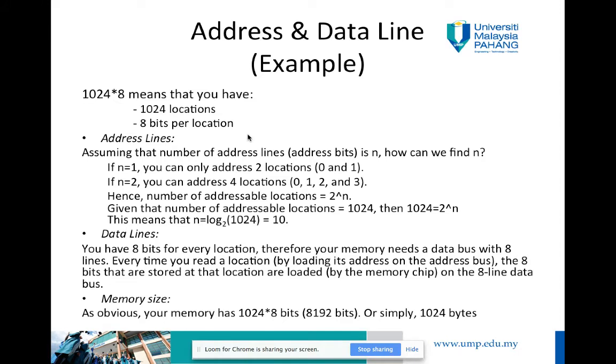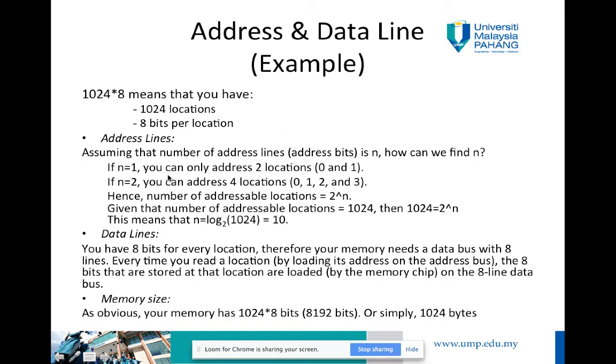It means that you have 1024 locations, and each location has 8 bits of data. One location has 8 bits of data. 8 bits means, for example, 1, 1, 1, 1, 1, 1, 1, 1, or 0, 0, 0, 0, 0, 0, 0, 0, which is 8-bit.